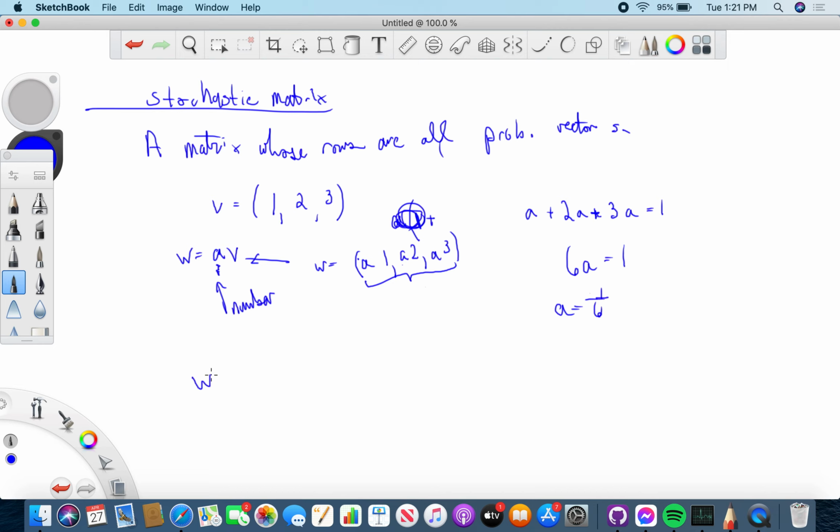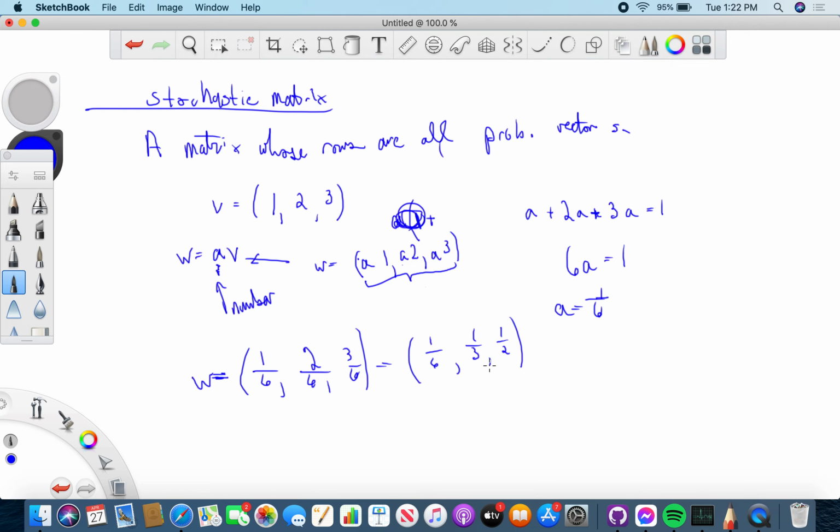So the vector that rescales v is going to be 1/6, 2 over 6, and 3 over 6. We're going to simplify that, so this will be 1/3, and this will be 1/2.